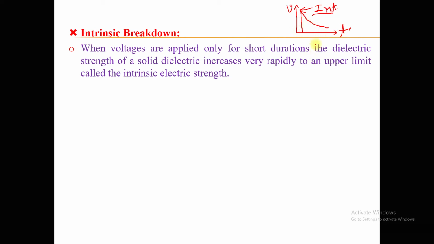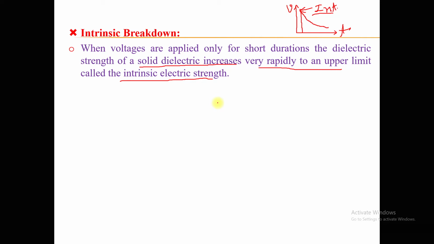So when the voltages are applied only for very short durations, the dielectric strength of solid dielectric increases very rapidly to an upper limit, which is known as intrinsic electric strength. So up to the point of intrinsic electric strength, the dielectric material has capacity to withstand the applied voltage.